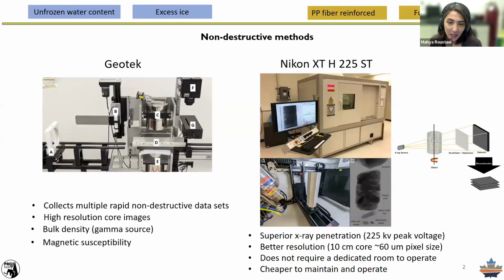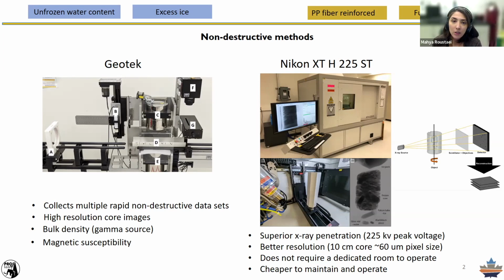And let's start talking. The non-destructive section of our lab mainly exists in these two parts. We have an industrial CT scanner, a Nikon one, and also a Geotek multi-sensor core logging system.